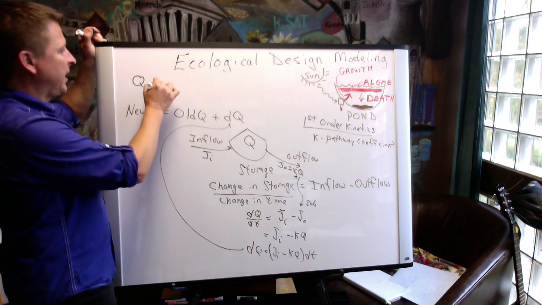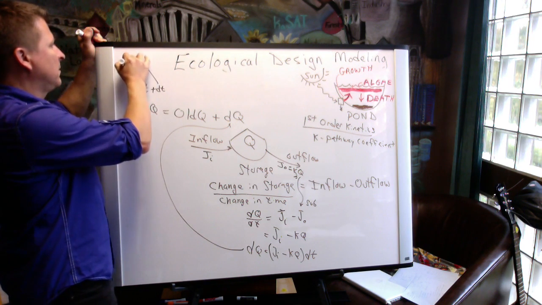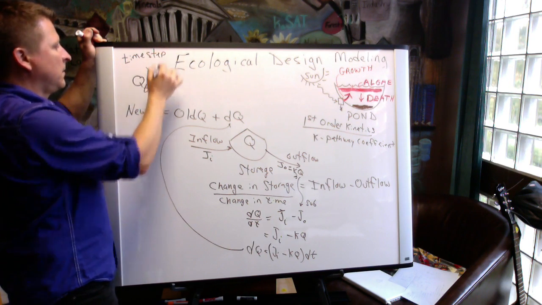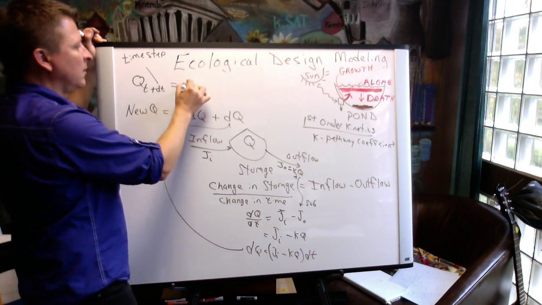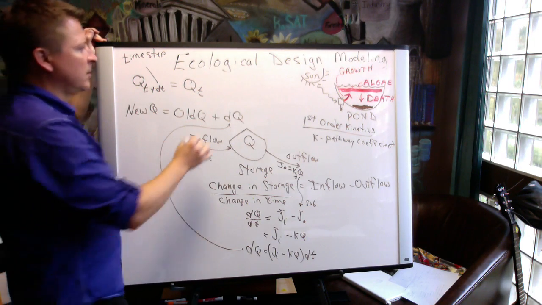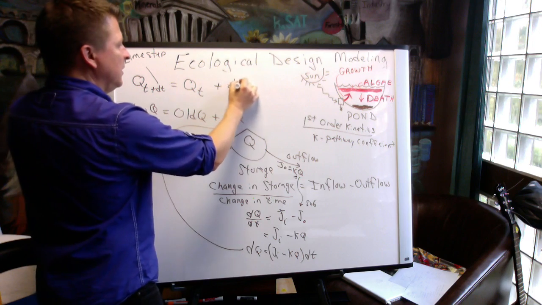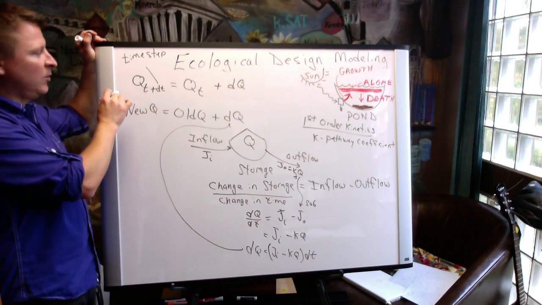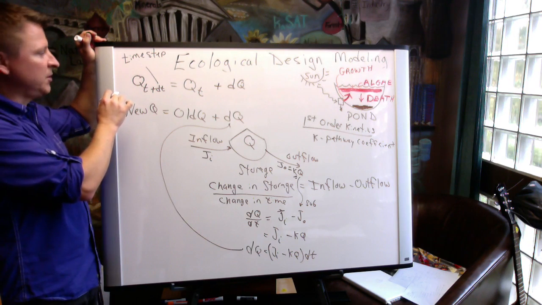This is called our time step. Q at t plus dt equals the previous value of Q, which was at t, plus dQ. And this is the equation we'll be using in our spreadsheet software.